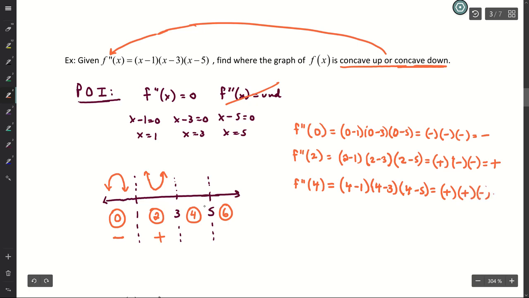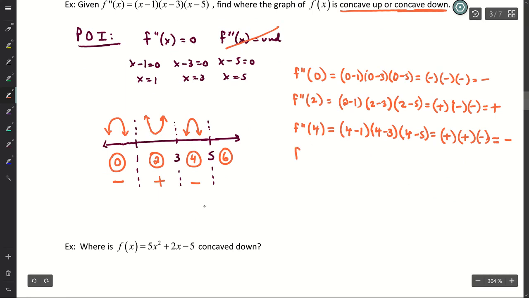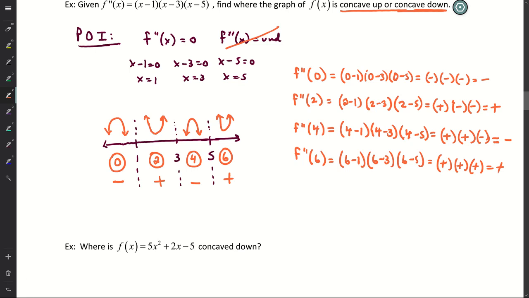And then that's going to make it negative overall. So there, it's negative. That means we're concaved downward. Okay, and then finally do 6. And it looks like on all of those, we're going to have a positive. So having a positive on all of those is going to result in a positive overall, and that's going to indicate we're concaved upward.